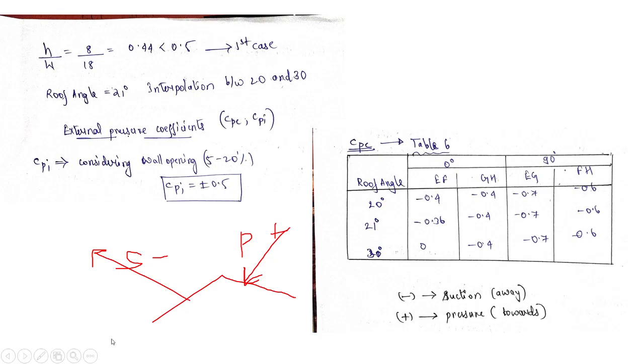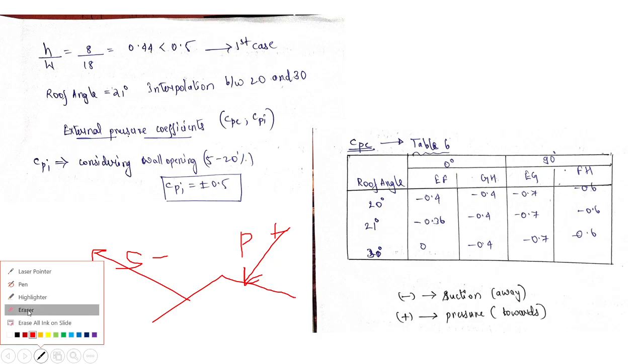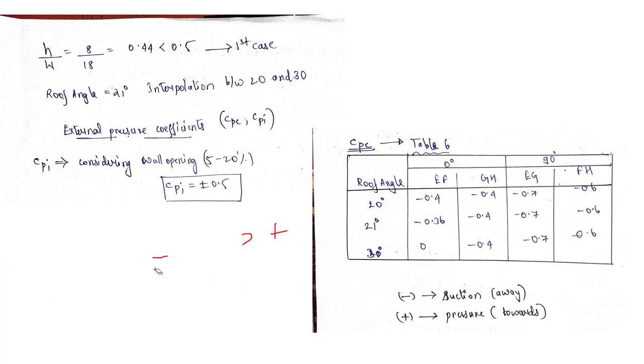And CPI is nothing but the internal pressure coefficient. For this, we are considering plus or minus 0.5.